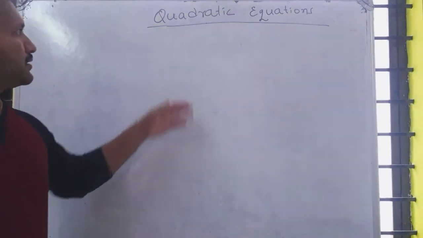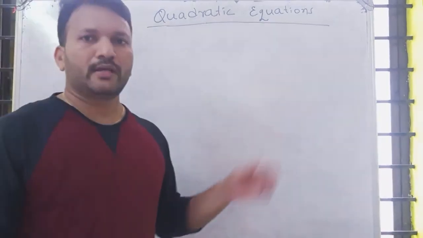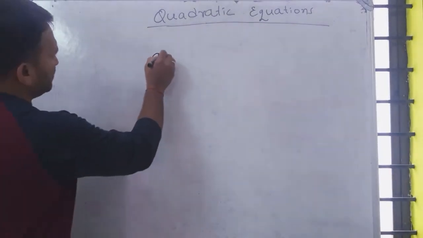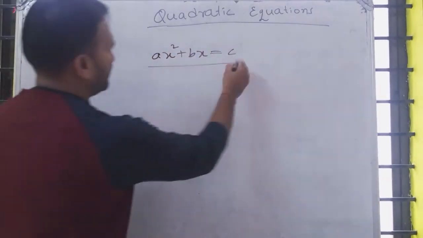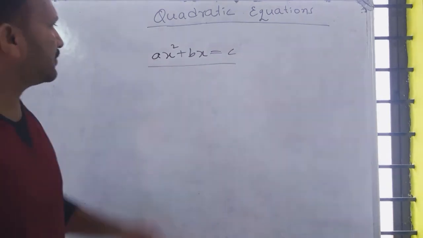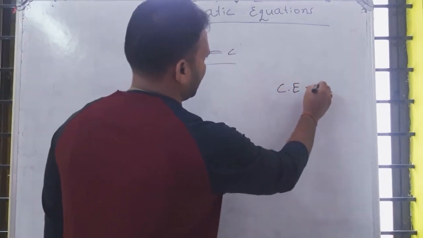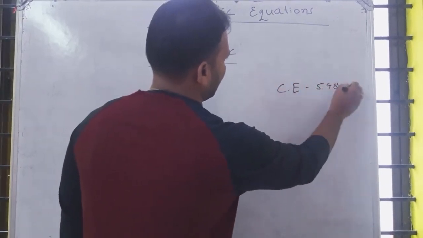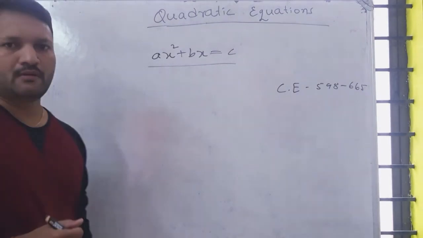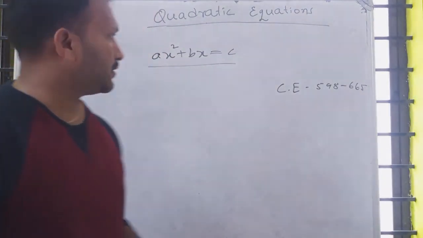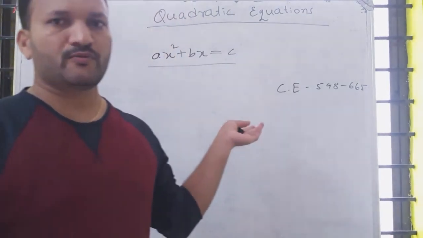The Indian mathematician Brahmagupta also gave the equation ax square plus bx is equal to c, way back in around 598 to 665 CE. Sridharacharya also worked on these equations, and he solved the problems by the completing square method.